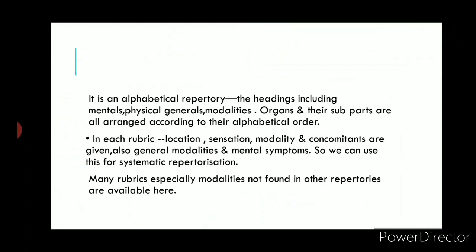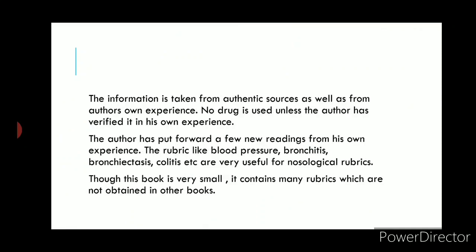So you can find out the medicine whenever you are having a complete symptom also. The information is taken from authentic sources as well as from the author's own experience, so you will find data which is more clinically verified. The author has put forward a few new readings from his own experience.